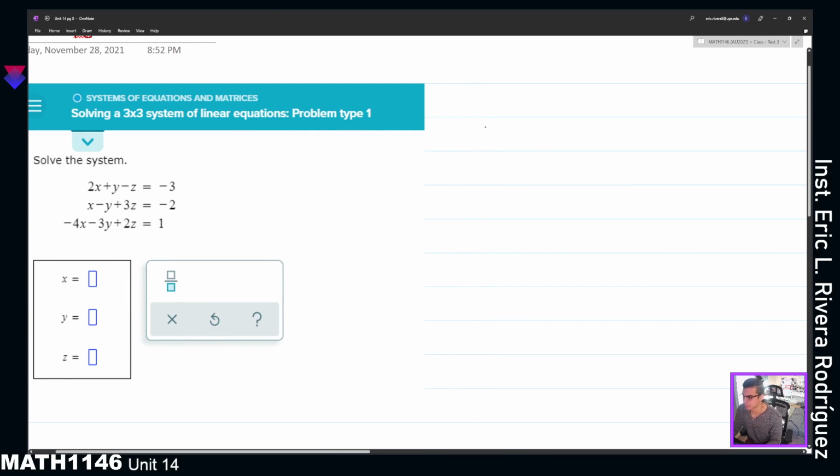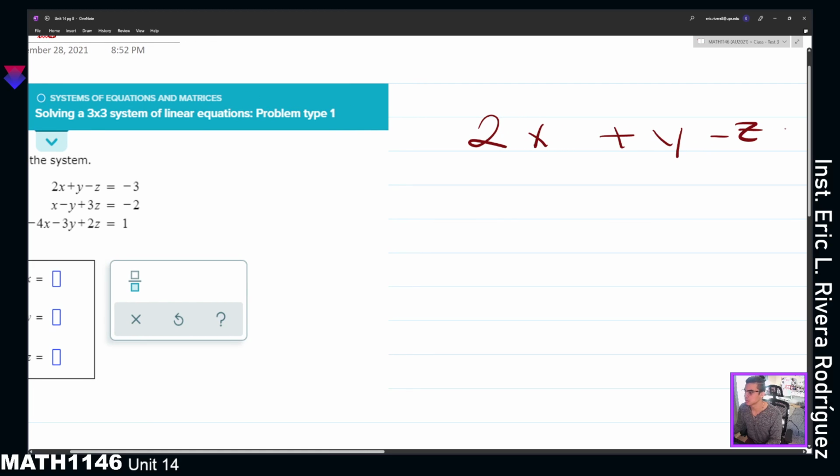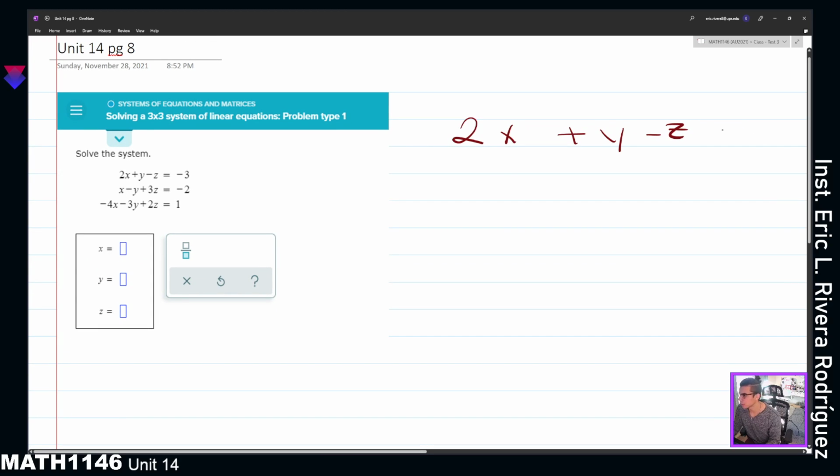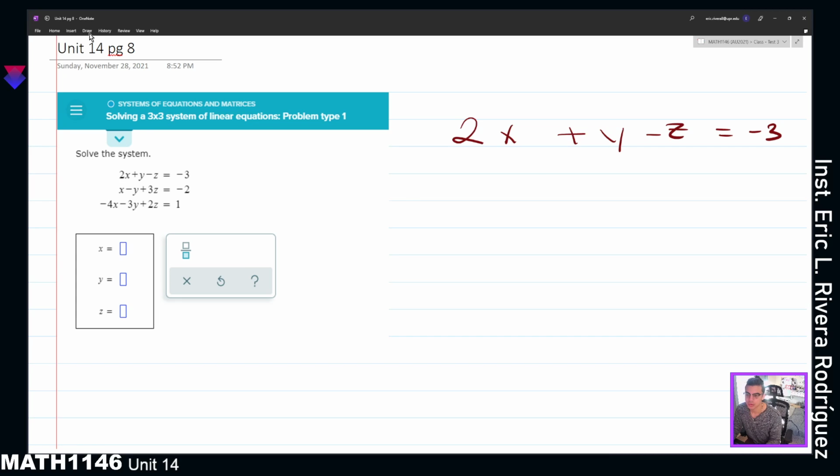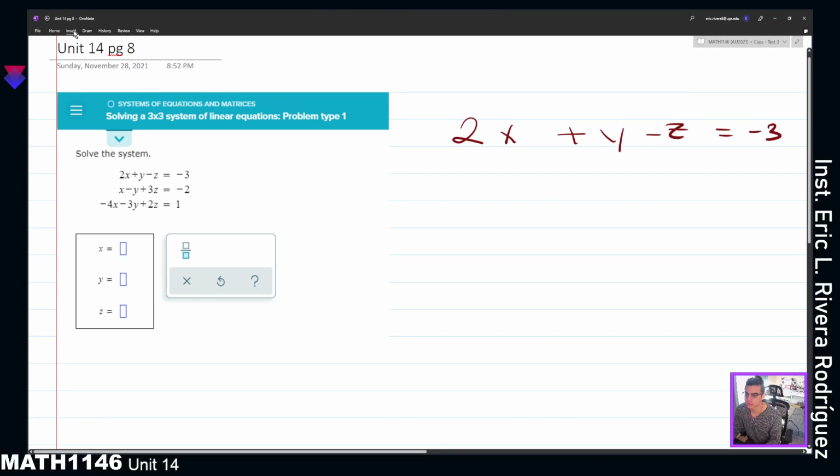Let me write the system. So 2 equals -3. Can I use different colors? Yes.